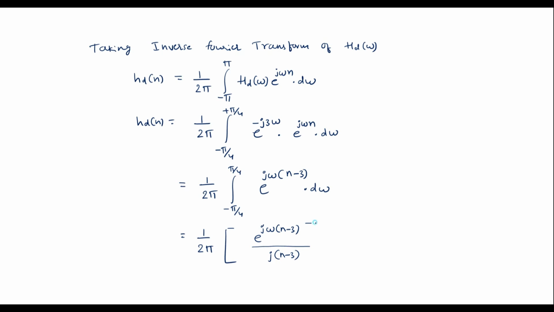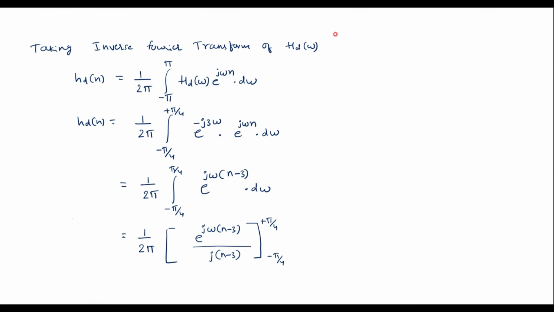Now I will apply the limit to this, that is minus pi by 4 to plus pi by 4. Therefore Hd of n is equal to 1 upon 2 pi in bracket.